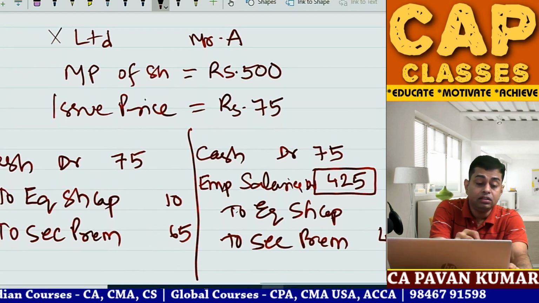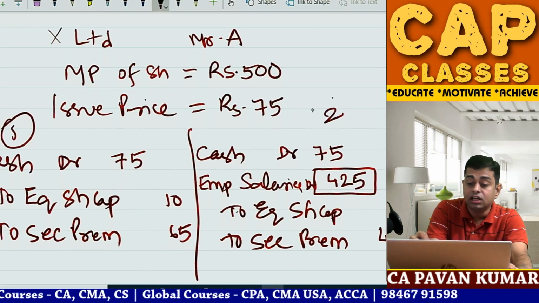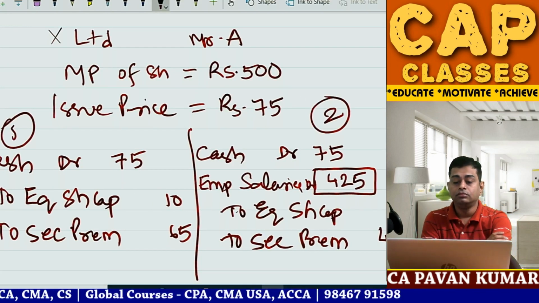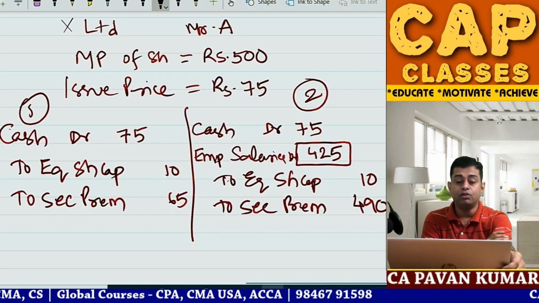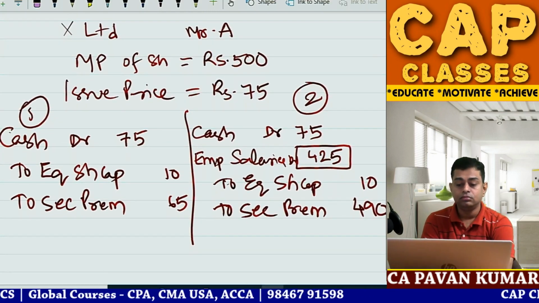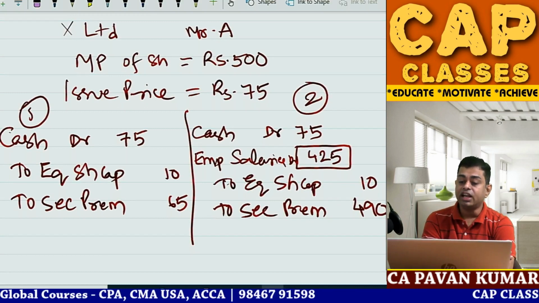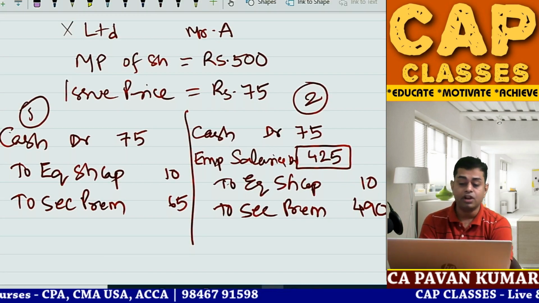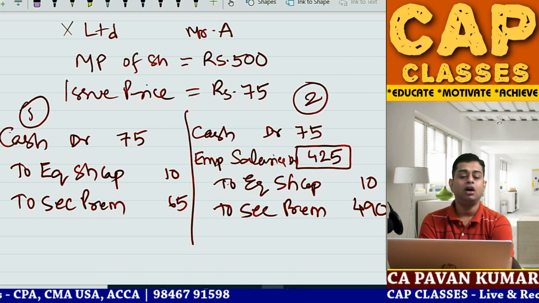Now you tell me, this is journal entry 1, this is journal entry 2. Which journal entry is correct? You tell me. 1 or 2? So everybody is saying 2 is correct. Mansi, Ritik, Nirmal, everybody is saying 2. Yes, okay. Option 2 is correct.